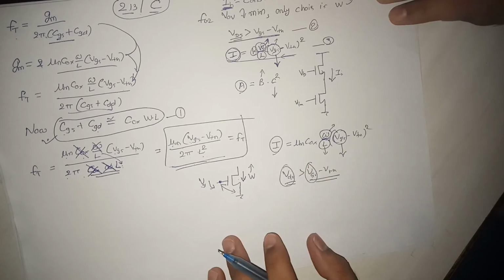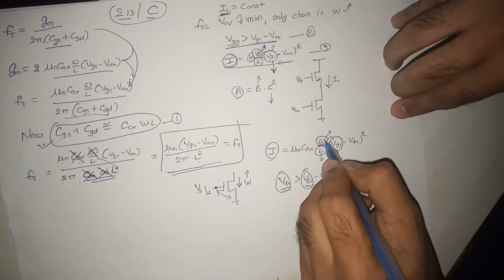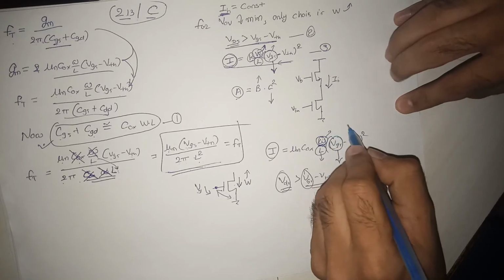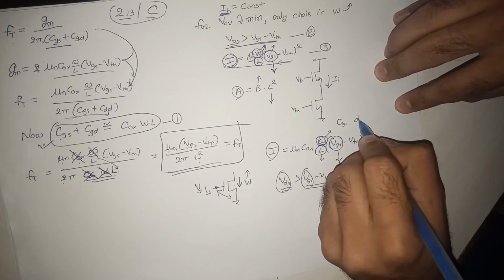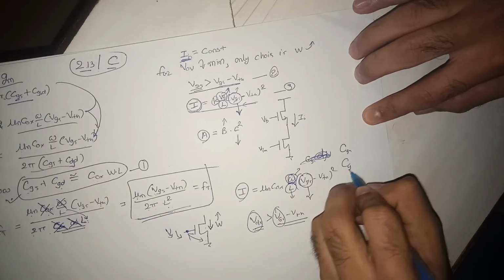So this is what it is telling. If we increase W, we will increase CGS and CGD also.